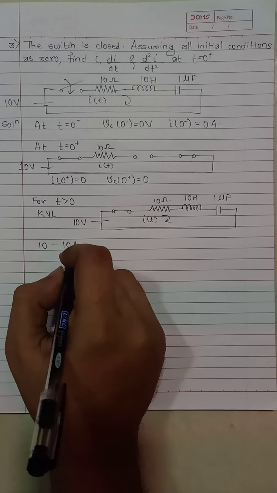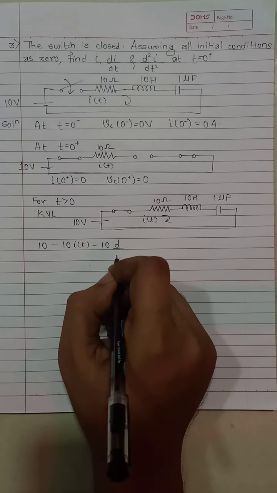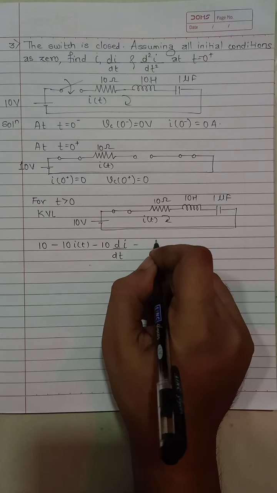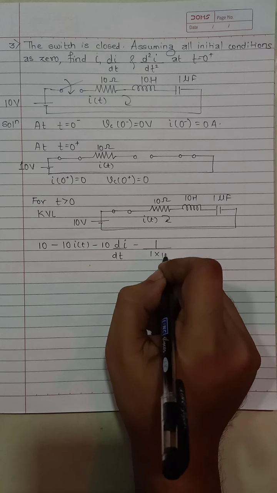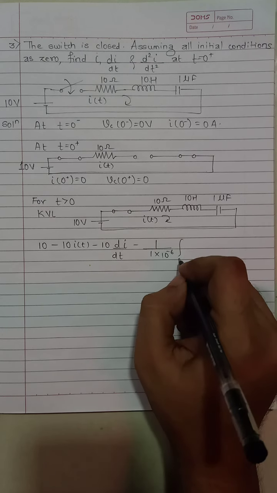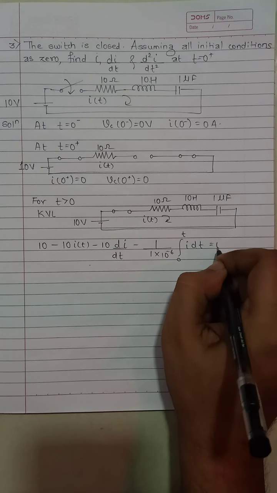Applying KVL, it will give me 10 minus 10 I of t minus 10 di by dt minus 1 upon 1 into 10 raised to minus 6 integral 0 to t I dt equals 0.